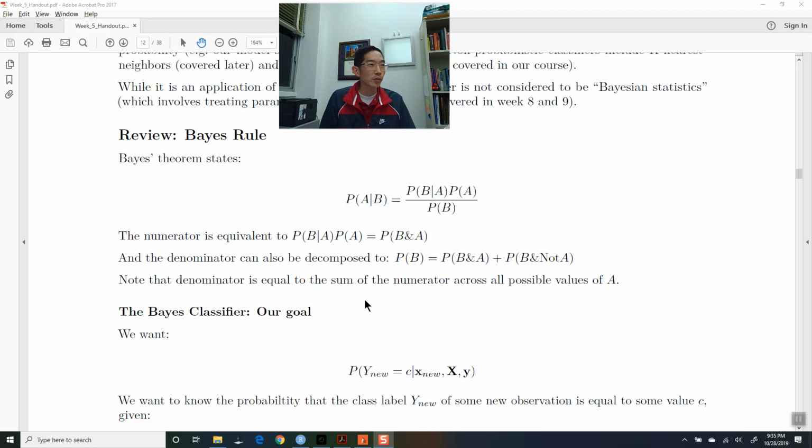For example, if you have a regular deck of cards, there are 4 suits and they all show up with equal probability, so the probability of drawing hearts before you know anything else is going to be 1 in 4. However, if I tell you that the card is red, then it eliminates all of the black cards.